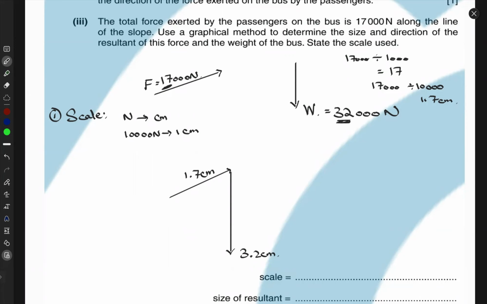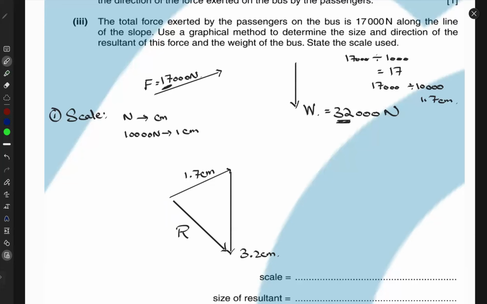We should probably draw a line joining both of these vectors. Right, so where should I start from? Should I start from this tail? Yeah. Okay, so I'll start from this tail and end at this point. So this would be the resultant vector of these two vectors.